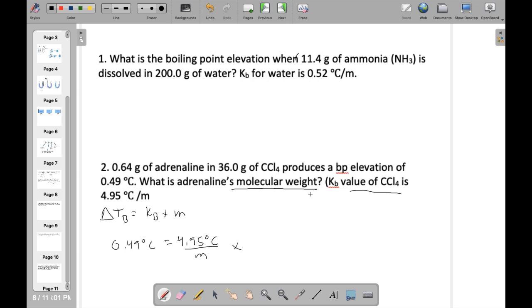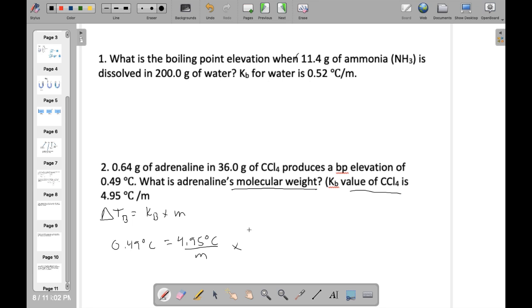So, we need to find the molecular weight of this. Basically, we need to find the molar mass on the periodic table, but I don't have the formula. So maybe if I could figure out how many moles I have, and I know how many grams I have, I can go back and figure out the molecular weight.